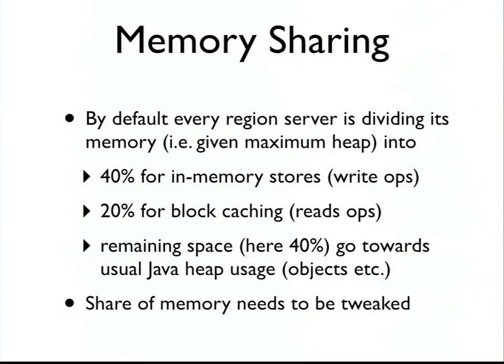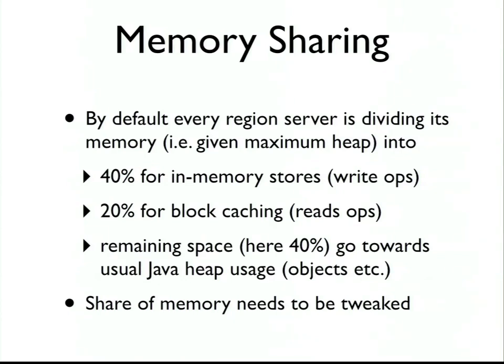These three parts you have to look at, and you should tweak them based on your use case. If you do a lot of reading, you want to tweak it towards the block cache. If you do a lot of writing, you might want to tweak a little more towards the in-memory stores and give them more memory.